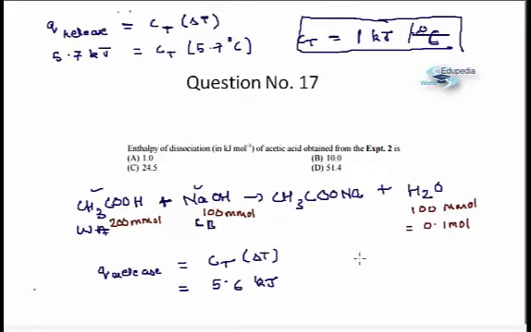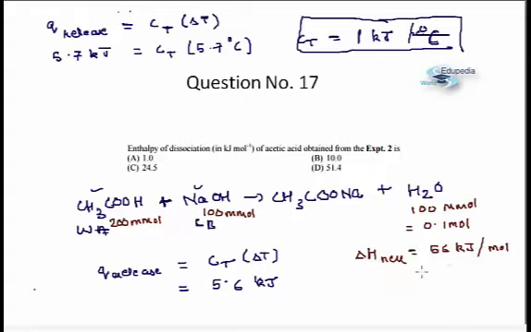So per mole of water, as I had already explained, the value of delta H neutralization for a weak acid in this case would be, 5.6 kilojoule is for 0.1 mole, so for 1 mole we will multiply by 10. So it will come out to be 56 kilojoule per mole. And now as we can see, there is a difference of 1 kilojoule.